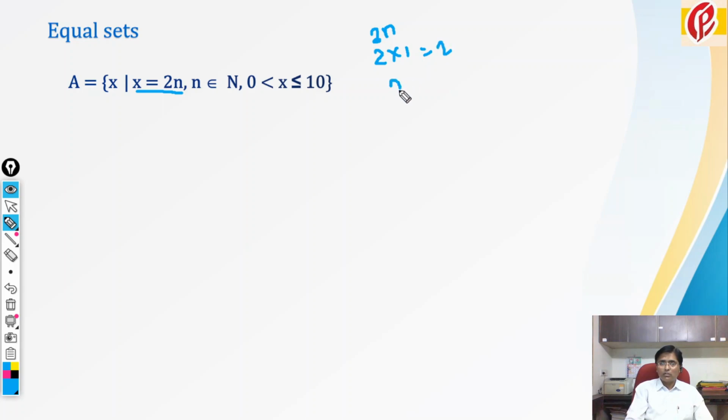Second is 2 into 2, that is equal to 4. Then 2 threes are 6. Then 2 fours are 8. Then 2 fives are 10.